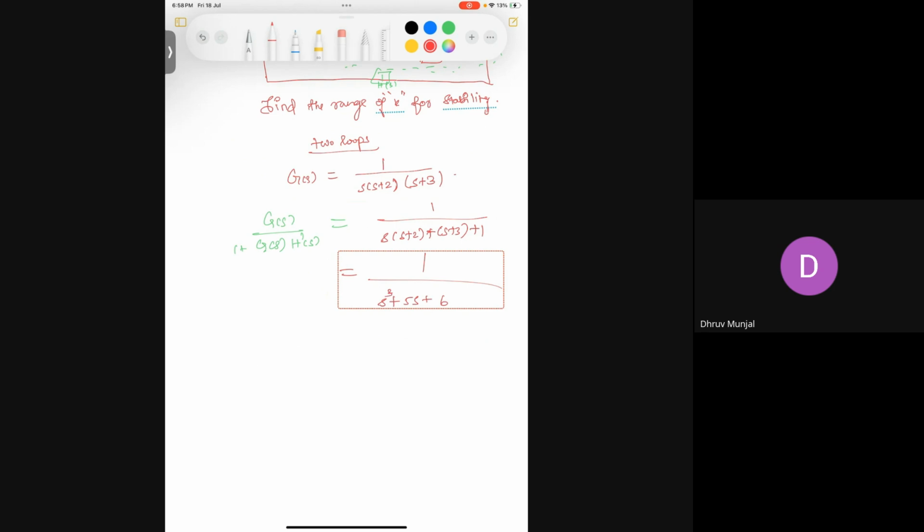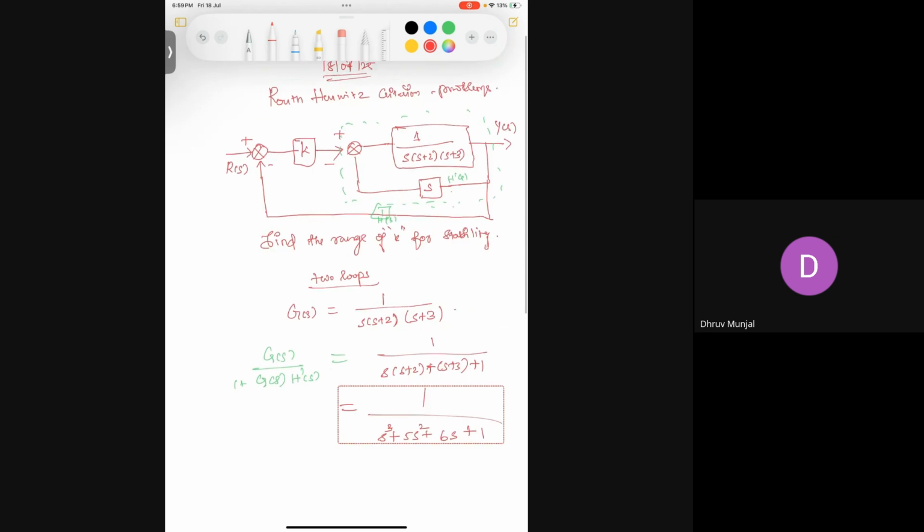This will become s cube, s square, s when multiplied with s plus 1. Right or wrong? I have not missed anything, right? S square plus 5s plus 6 into s plus 1. This will become.